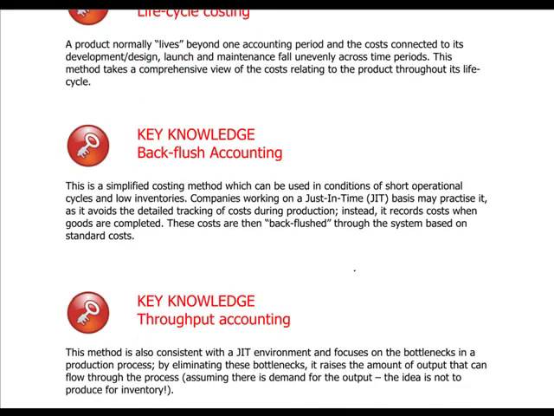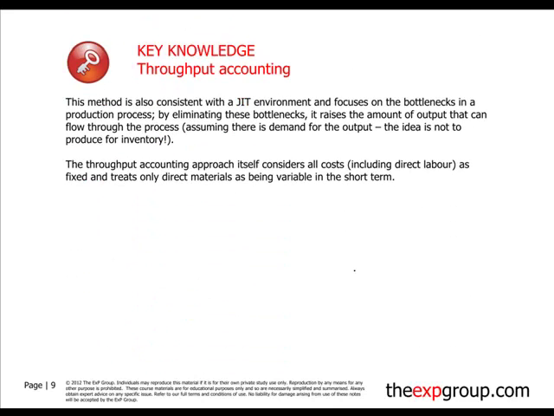Throughput accounting is one more costing technique. It is very similar to marginal costing, just that now instead of margin we have throughput, that is calculated using the sales price less direct material costs.